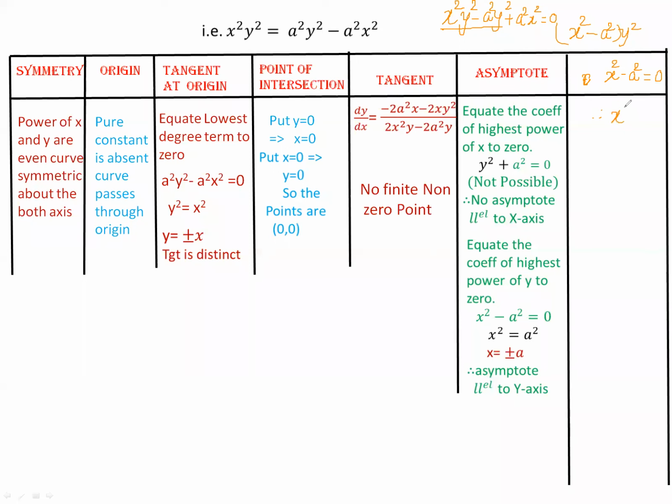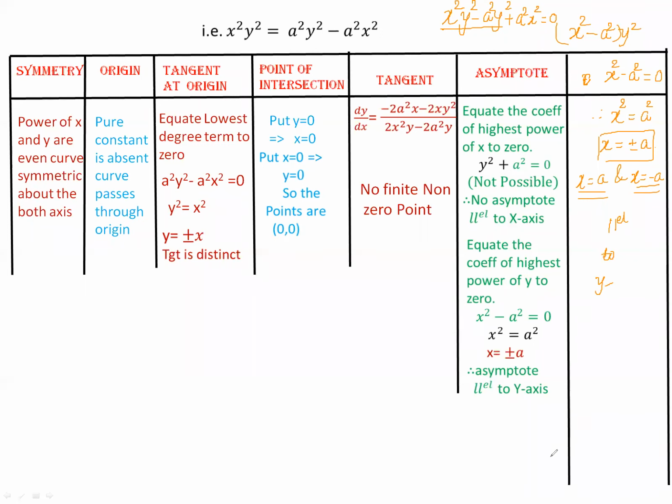Therefore x square is equal to a square, so x is equal to plus minus a. Means x is equal to a and x is equal to minus a. These two are the asymptotes parallel to the y-axis.